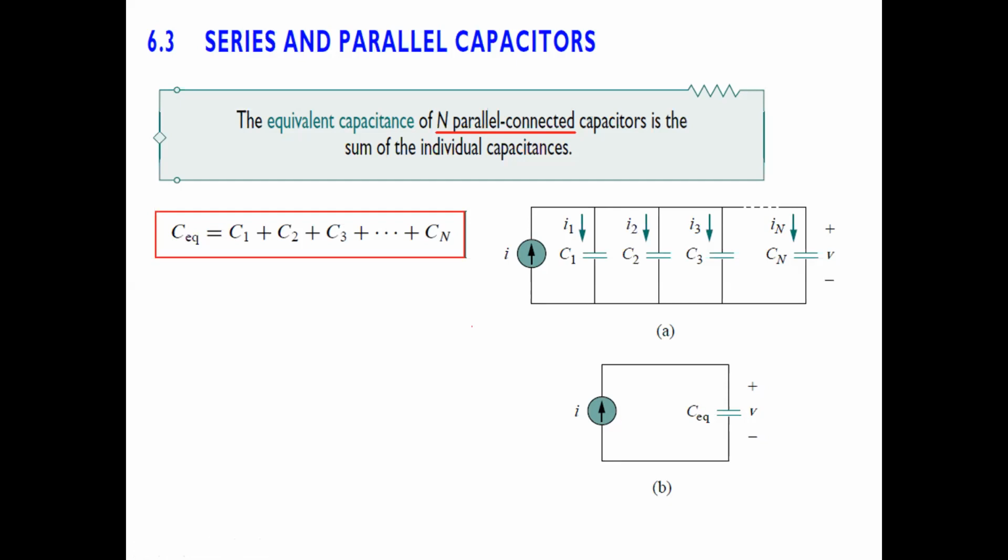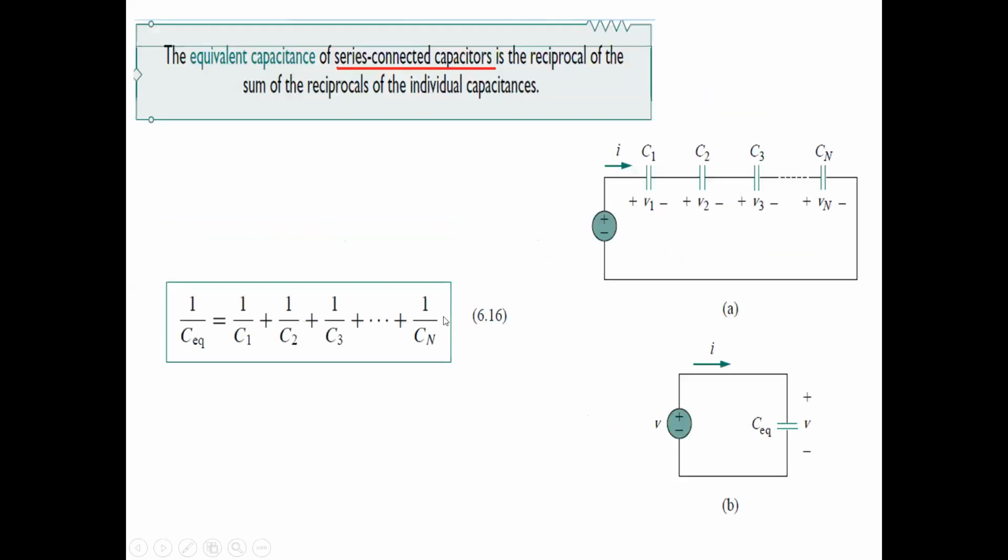When capacitors are connected in parallel, the equivalent capacitance can be found similarly to when resistors are connected in series. So if capacitors are connected in parallel, their capacitance adds up, like resistors connected in series. It's very simple.